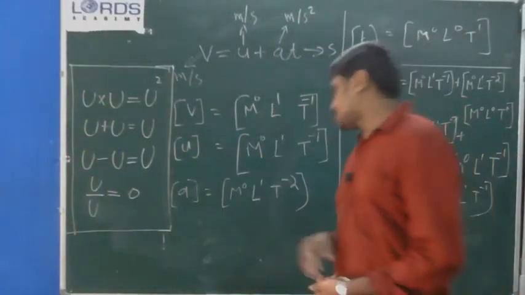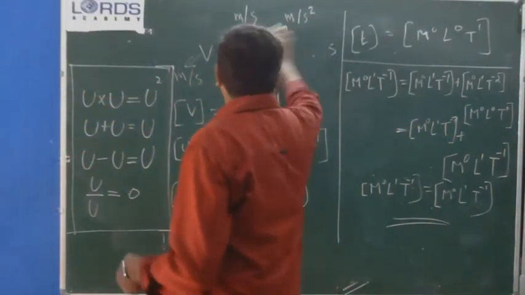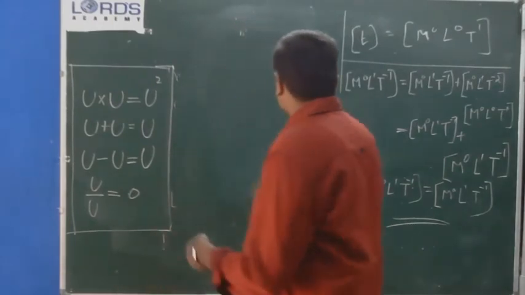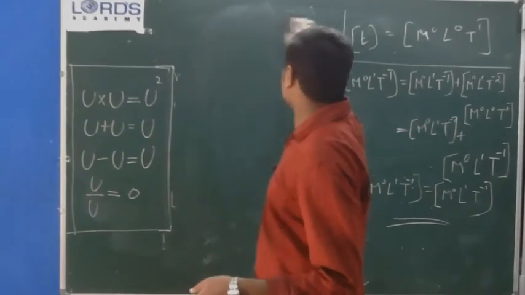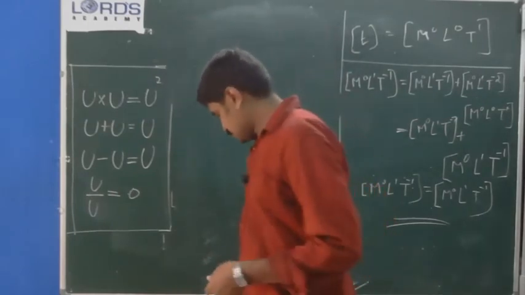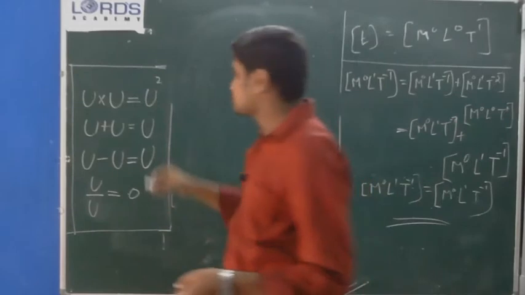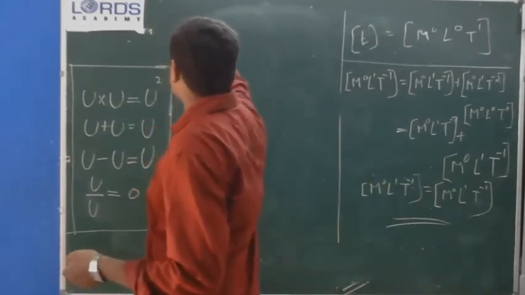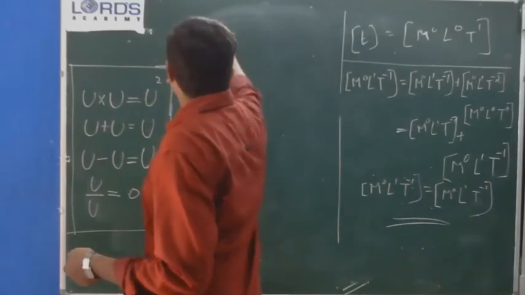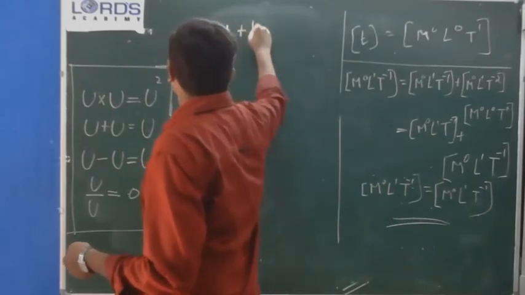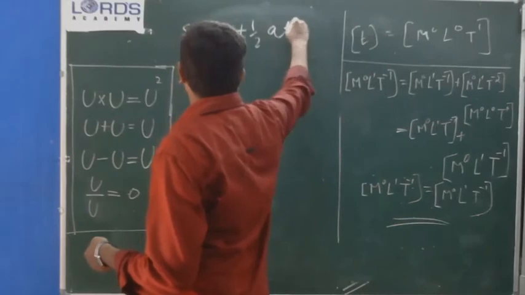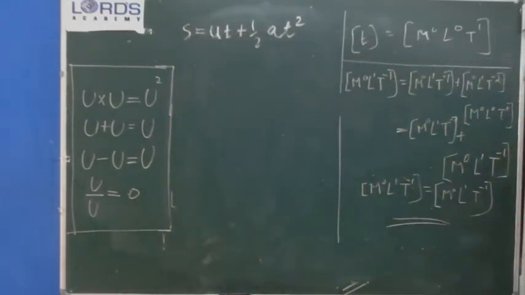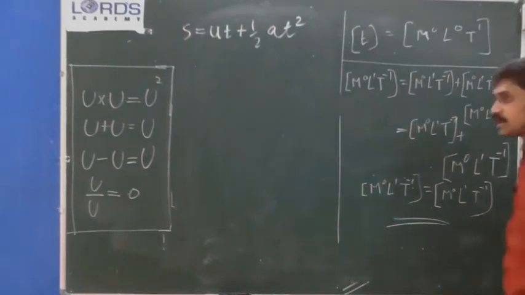Okay, students, just check one more equation I am giving. This time you are going to solve it. The equation is S equals ut plus half at square. Check whether this equation is dimensionally correct or not.